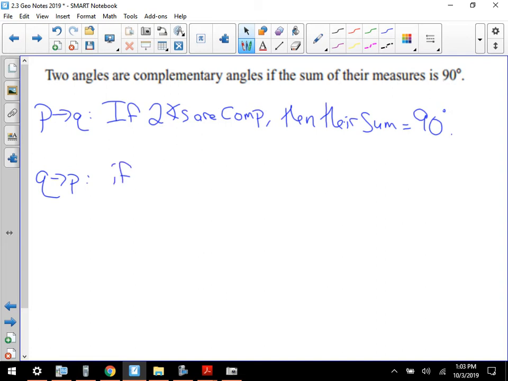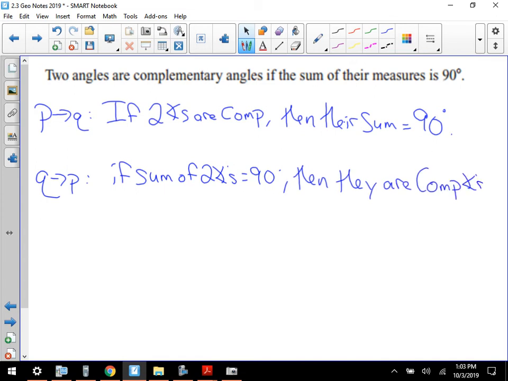If the sum of two angles is 90 degrees, or if two angles have a sum of 90 degrees, either way it means the same thing, then they are complementary. Okay? Then they are complementary angles.